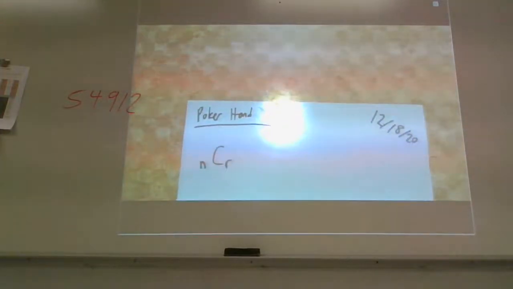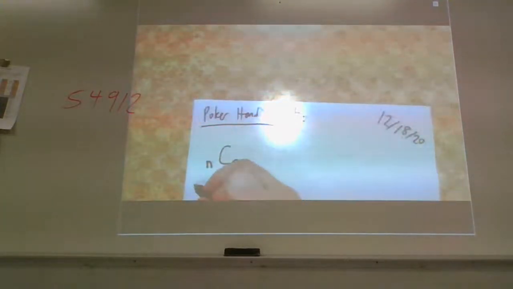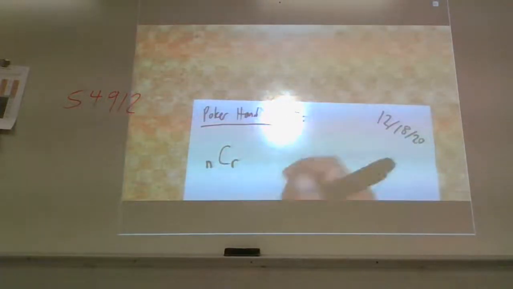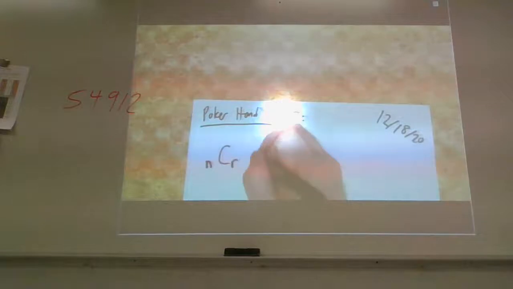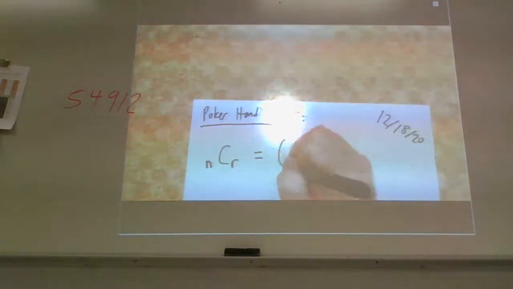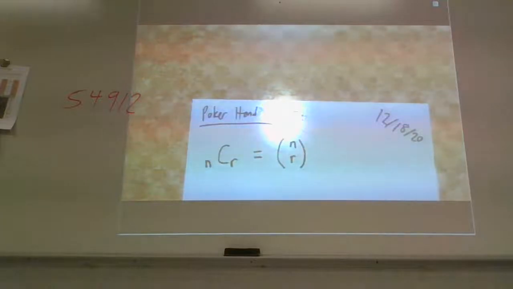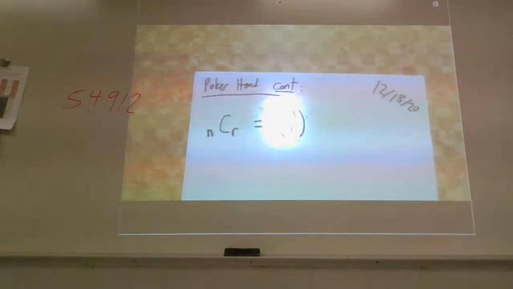NCR, which, as we talked about, is getting a combination. Basically, it's how many ways to get R objects from a group of N, could also be expressed like this.